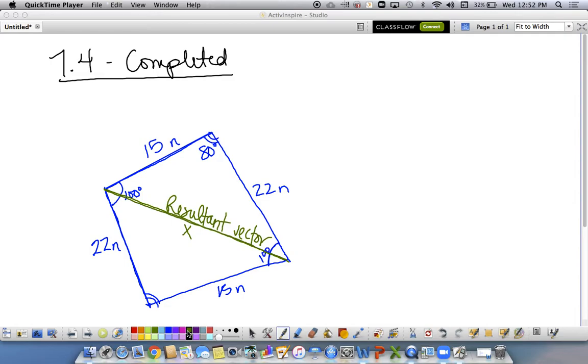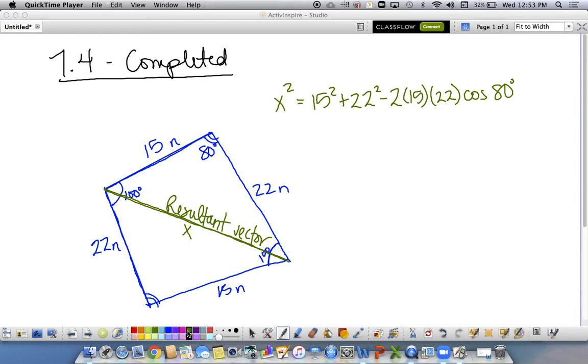We have two sides and an included angle. Can we use the law of cosines? That's right. X squared equals 15 squared plus 22 squared minus 2 times 15 times 22 times cosine of the included angle, which is 80 degrees.